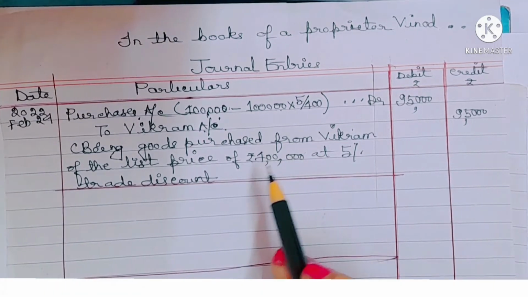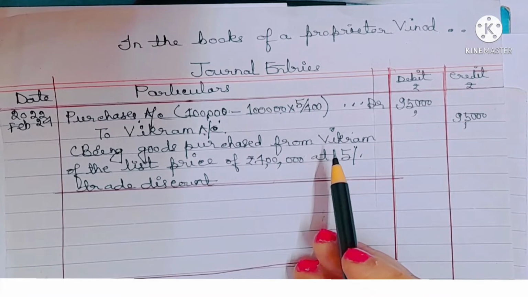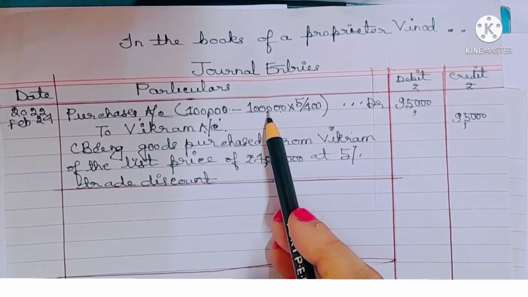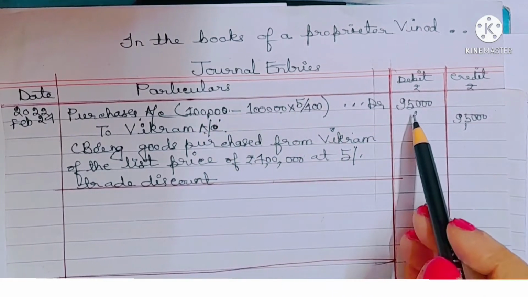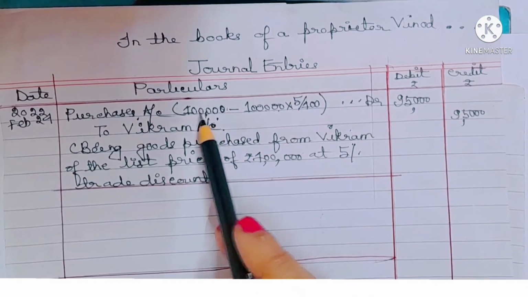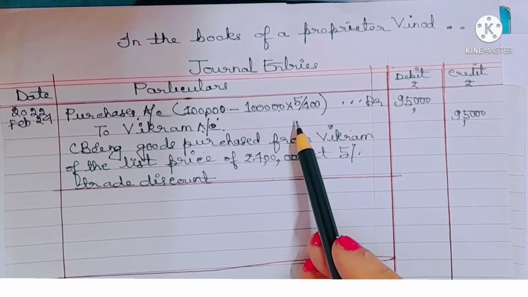Trade discounts are deducted outright from the goods listed price. See, listed price is 1 lakh and we are deducting 5%. So the amount should be 95,000 and not 1 lakh. And we haven't shown any journal entry for trade discount.